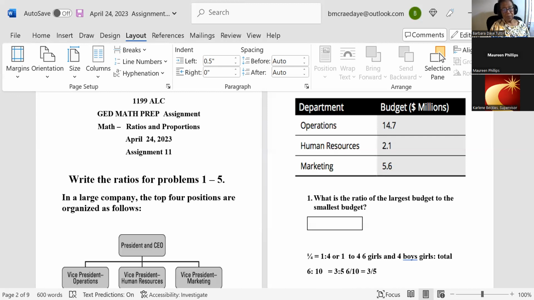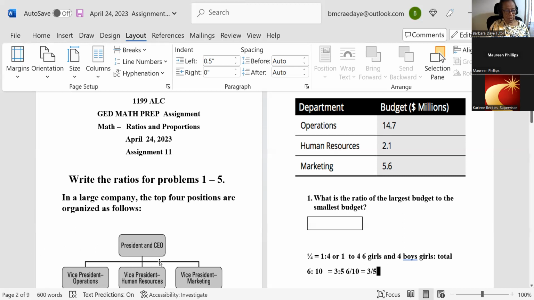So it's just a fraction, but we can also write it with a colon between the two values, or we could put the word to between two values. But they all represent a ratio, a comparison of two numbers. Got it? Yeah.